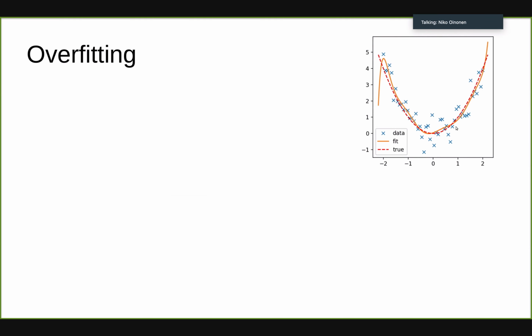So it's like finding the average case quite well. But then if you step outside the range of training data that you have, then the fit actually becomes really awful. The true function here would be, for example, this quadratic function represented by the red line. So in this case, the model was overfitted.